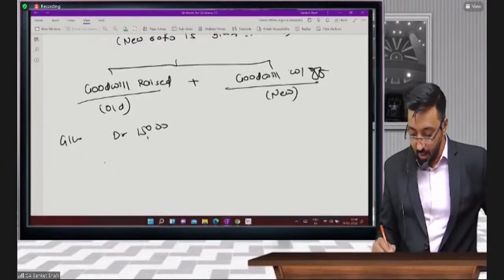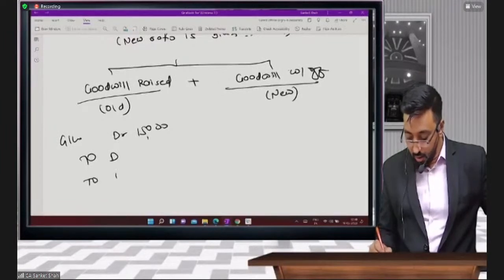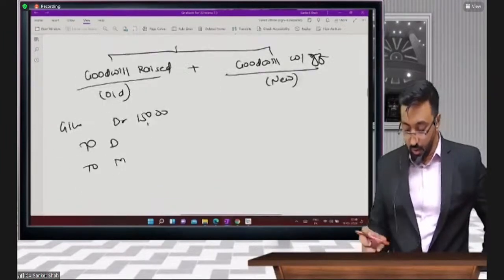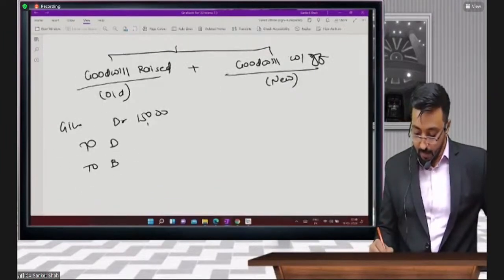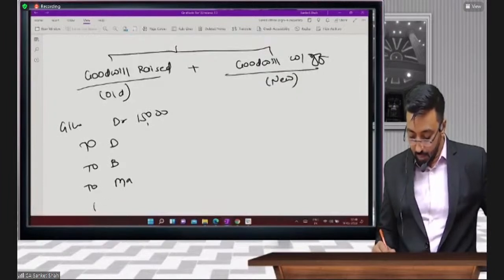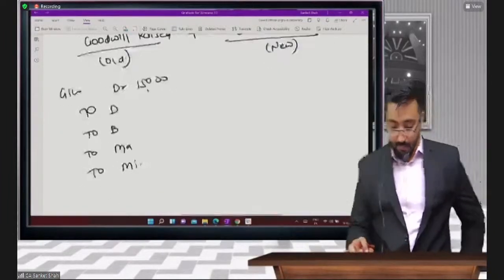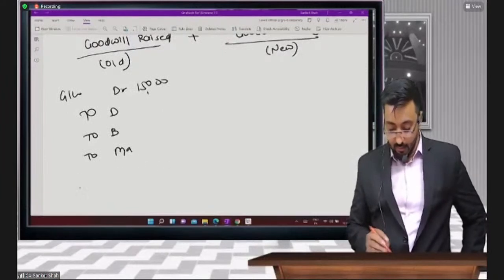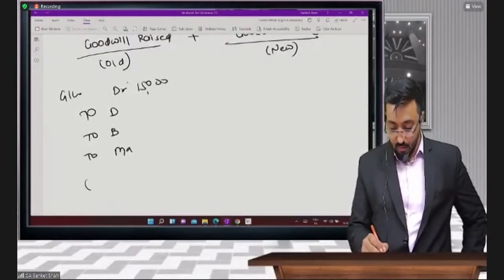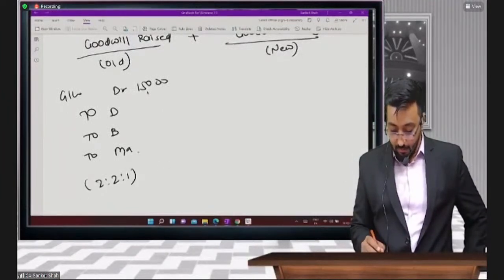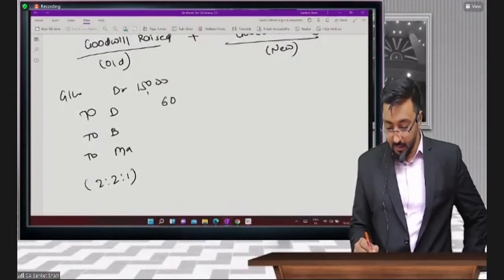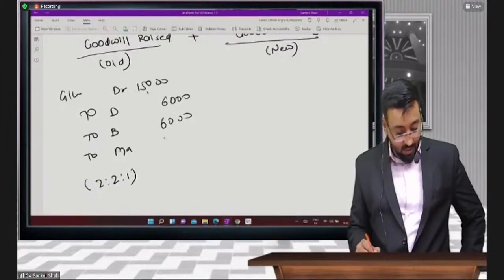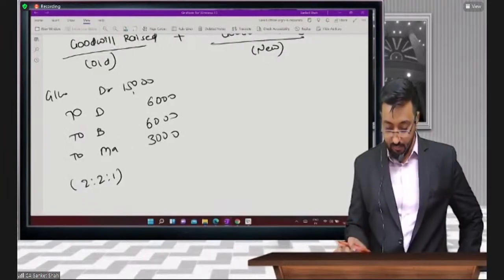So 15,000 to Dalal, to Banerjee, to Malik. Old ratio 2:2:1. 15,000 means 6,000, 6,000 and 3,000.